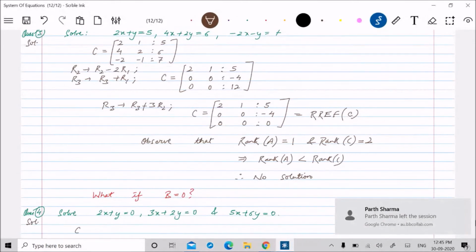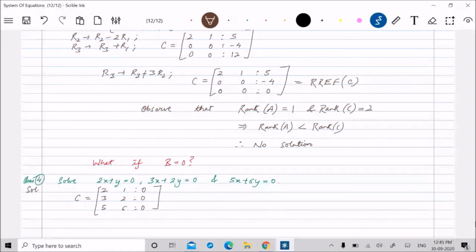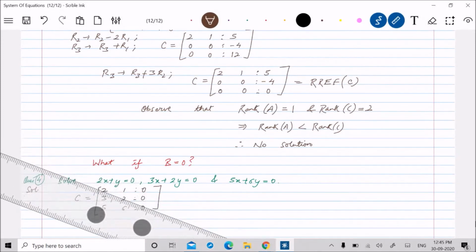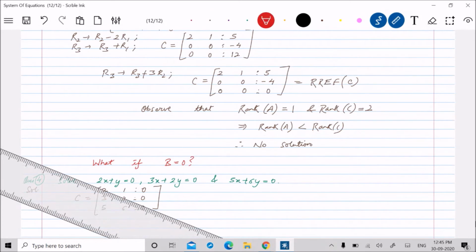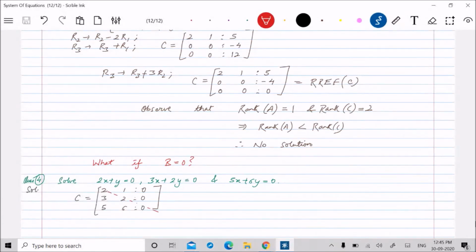Now augmented matrix C will be 2, 1 partition 0, 3, 2 partition 0, and 5, 6 partition 0. And again, you can identify the diagonal. Below this diagonal, we have 3 elements which are to be reduced to 0 by using row operations.